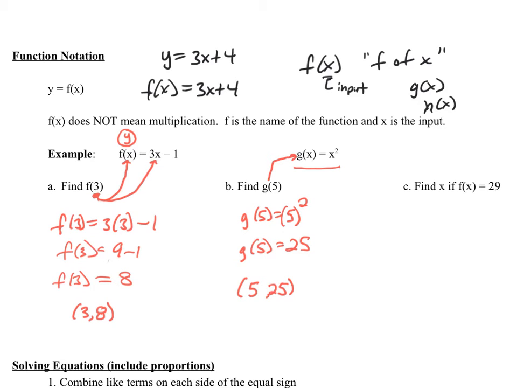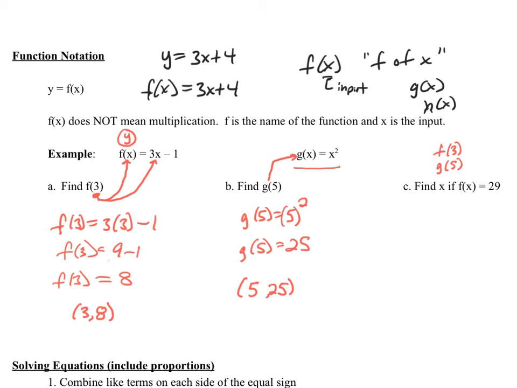Now, example C, this is a little different. Notice in this one, I'm not given something like f of 3 in the first example, or g of 5 in the second example. This time I'm told that I want to find x if f of x is 29. Okay?